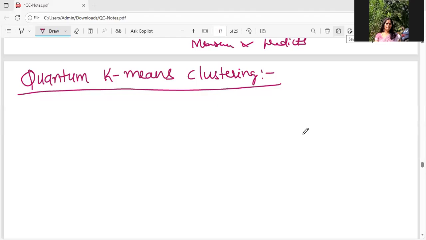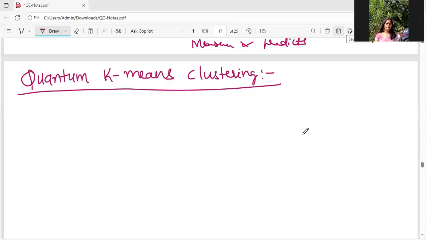Hello, everyone. Those who are into machine learning, many of you know about k-means clustering. What exactly is k-means clustering? It's one of the machine learning algorithms. Machine learning algorithms are broadly categorized into two, unsupervised and supervised.